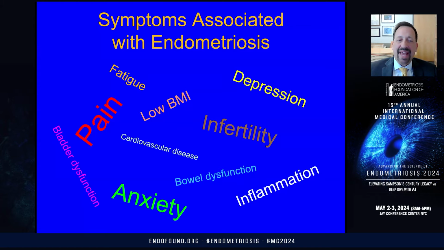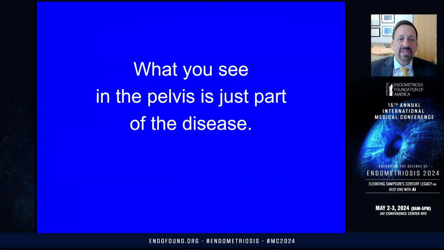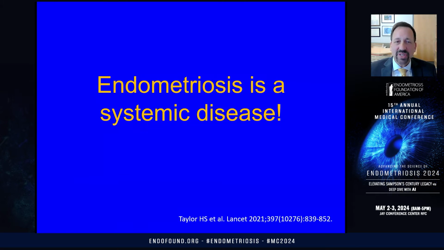We know that anxiety is more common in women with endometriosis, that they can have a lower BMI, that they can have depression, fatigue, and that in the long run, they're even more likely to develop cardiovascular disease. So what I want to stress is what you see in the pelvis is really just a part of this disease. Endometriosis truly is a systemic disease that affects the entire body and multiple organ systems.